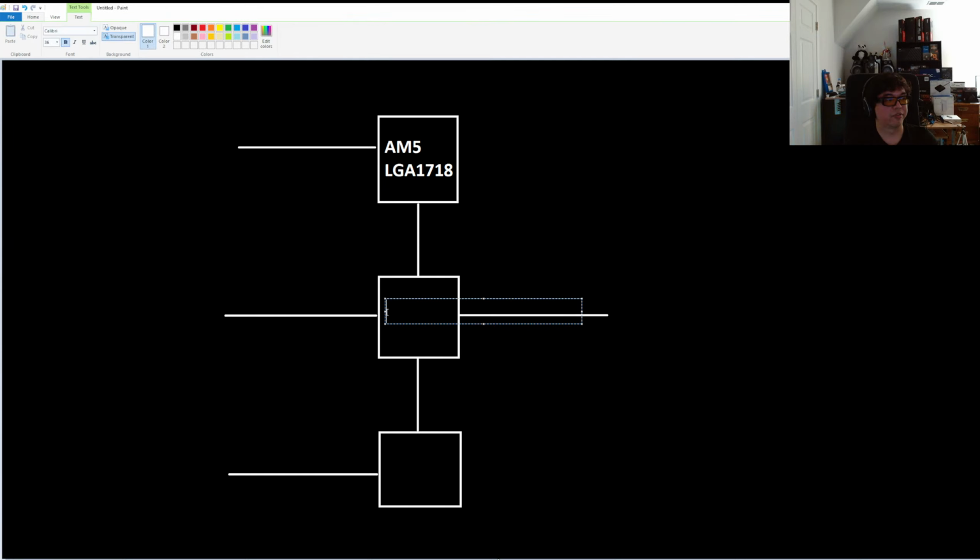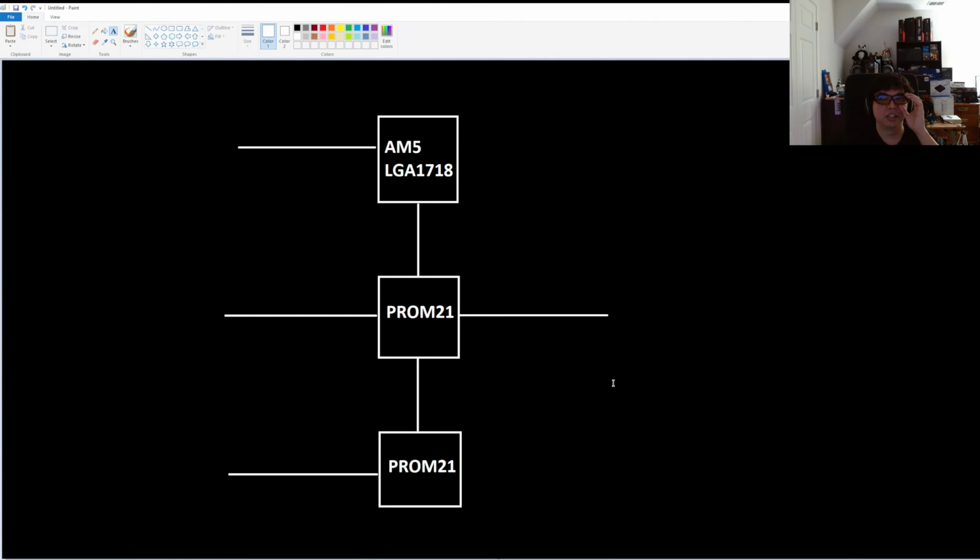Then you have the chipset. Promontory 21 is the code name. You have two of them if you have X870E, which is what we are talking about. And then you also have the chipset lanes.